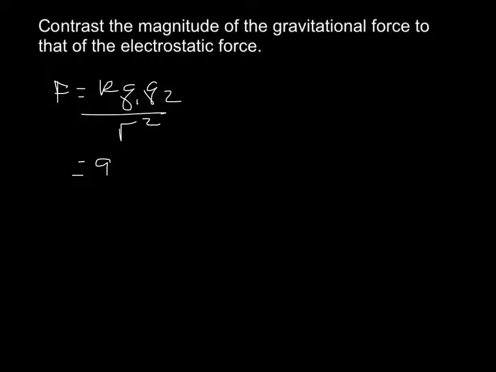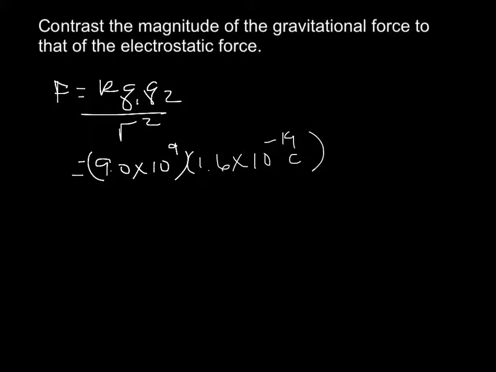Okay, 9 times 10 to the 9th, this is K, I'm leaving the units out. And the charge of a proton, you remember, is 1.6 times 10 to the minus 19 coulombs.